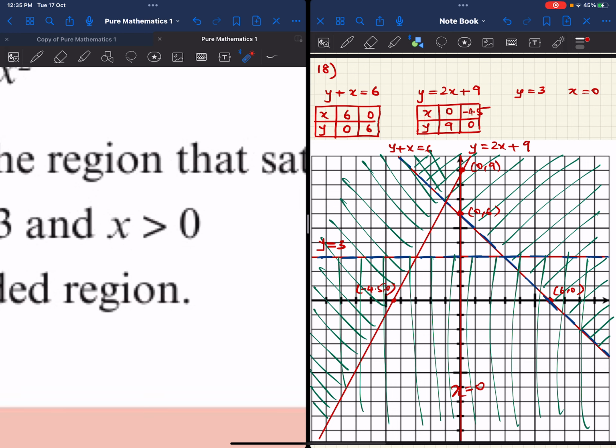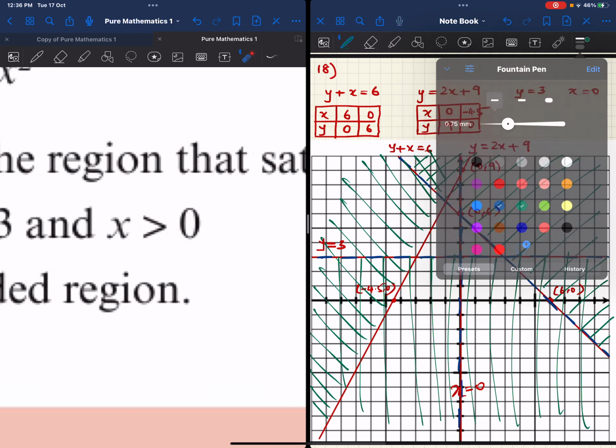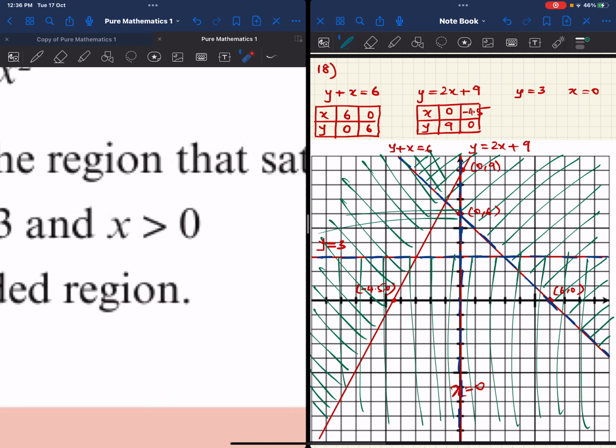Once again, since it is just greater than and not equal to, it's going to be a dotted line. All right. Now for the shading, the part x is greater than 0 is on the right side. So this is the true region and this is the false region. So let's shade the false region.